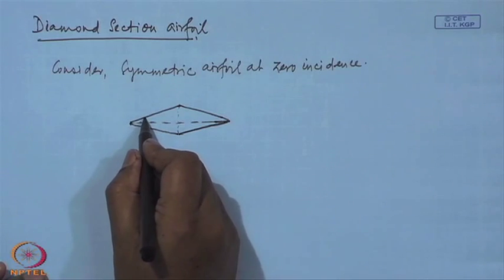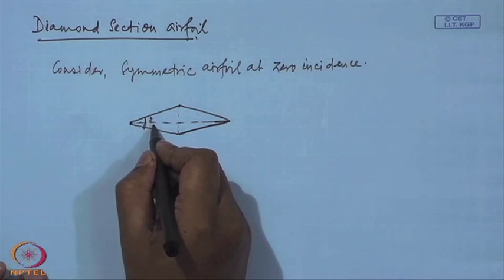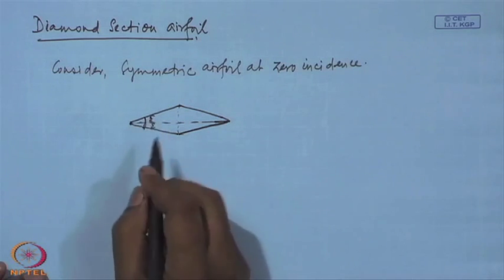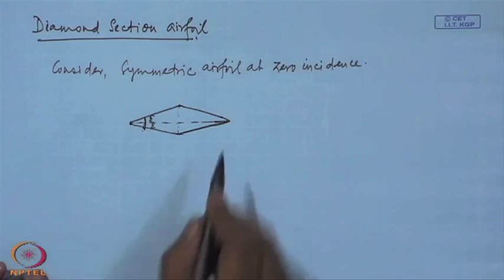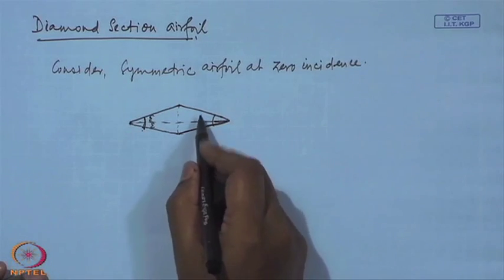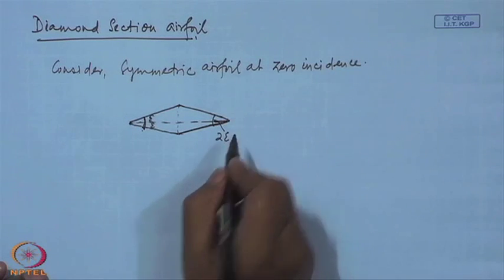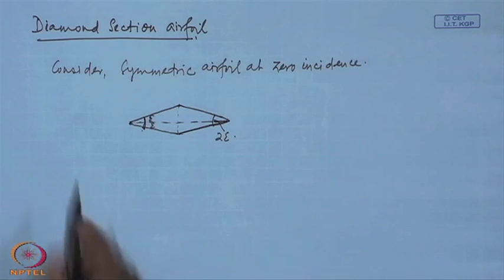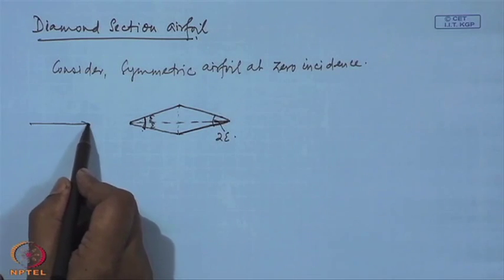Let us consider this angle to be epsilon and epsilon, that is total 2 epsilon angle, and same here is also 2 epsilon. Let us consider again a supersonic free stream.